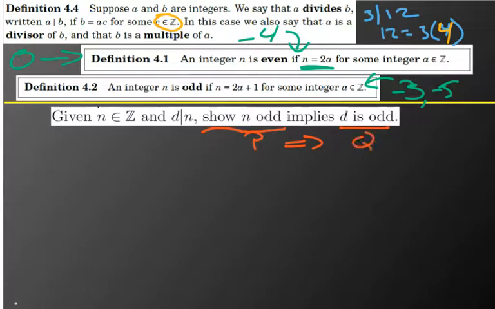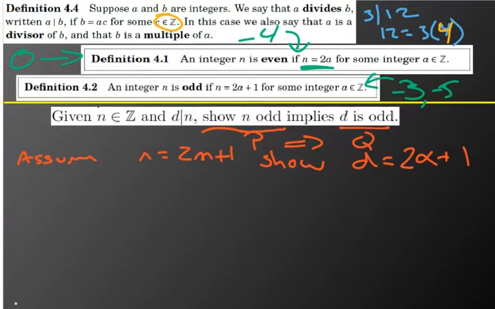That's my Q. If I just did it straight that way, I'm going to assume that N equals, I don't want to use N, I'll use 2M plus 1, and I will try to show that D equals 2 times alpha plus 1, okay?